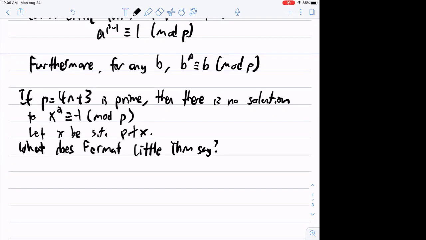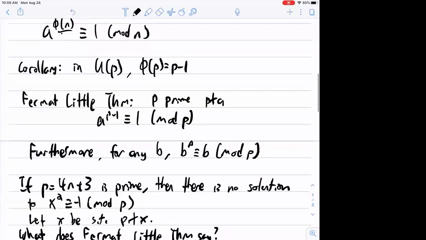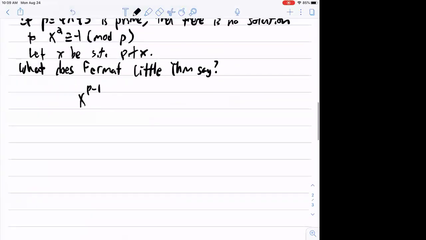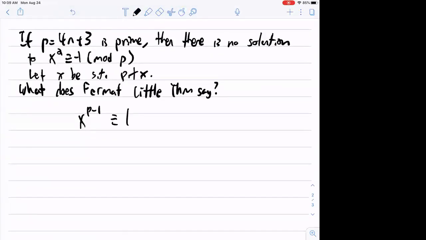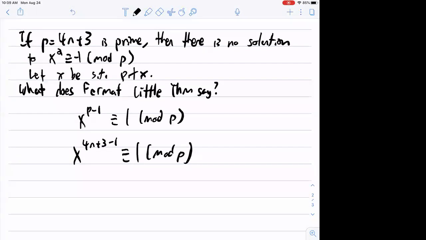So Fermat's little theorem says x to the p minus 1 is congruent to 1 mod p. Now, what is p? p is 4n plus 3. So x to the 4n plus 3 minus 1 is congruent to 1 mod p. Now this is x to the 4n plus 2.